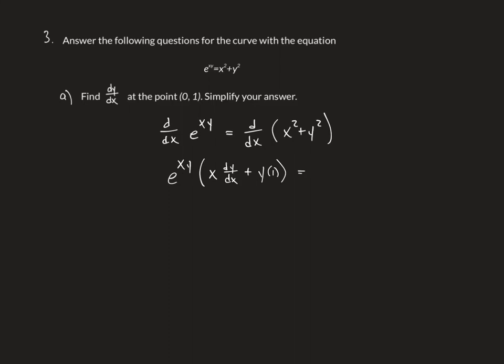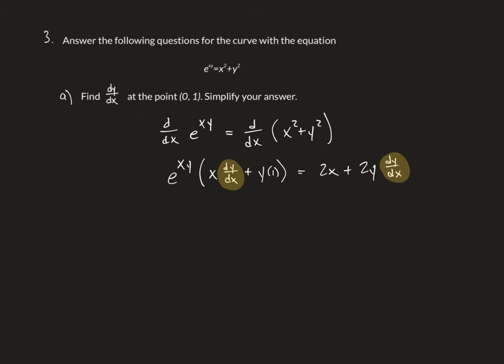Then on the right side, it's very easy to take the derivative of x squared with respect to x, that's just 2x. But the derivative of y squared with respect to x is 2y times the derivative of y with respect to x. Now we should probably highlight the thing we're trying to find. We are trying to find the value of this. So our goal now is to get those two things together so that we can isolate them and get dy dx alone.